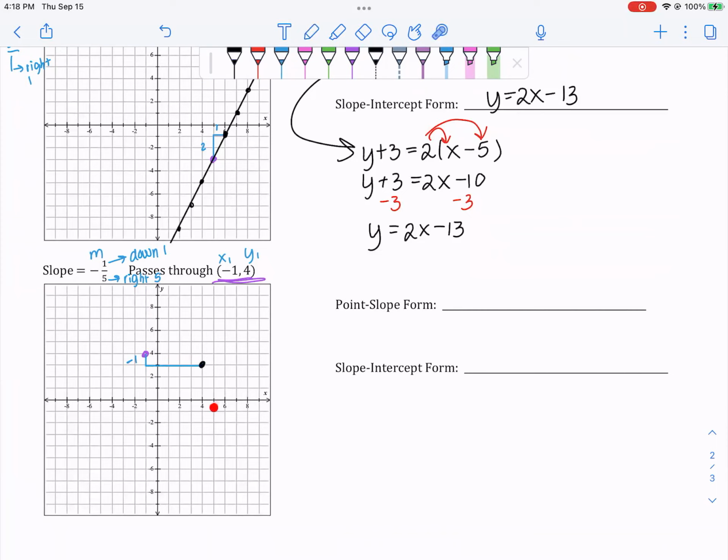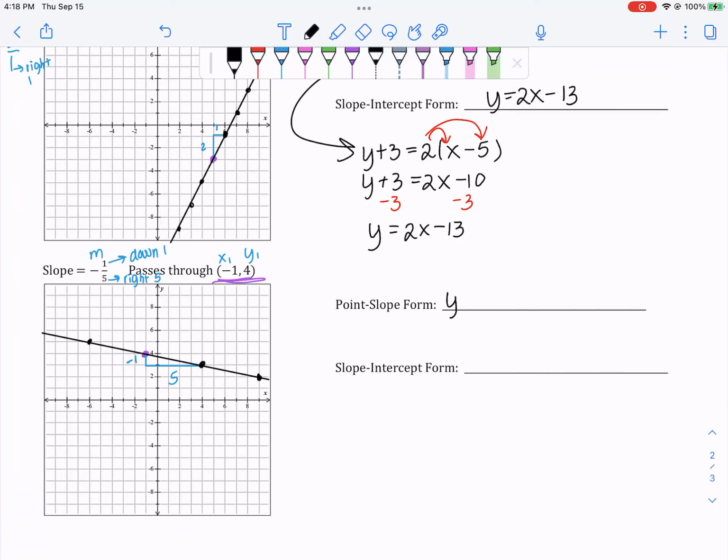We're not going to be plotting it at the 5 x-value. It should be 5 units over starting right here. So there's 1, 2, 3, 4, 5. Down 1, right 5. And then I'm going to do a dot in the opposite direction. Bam.